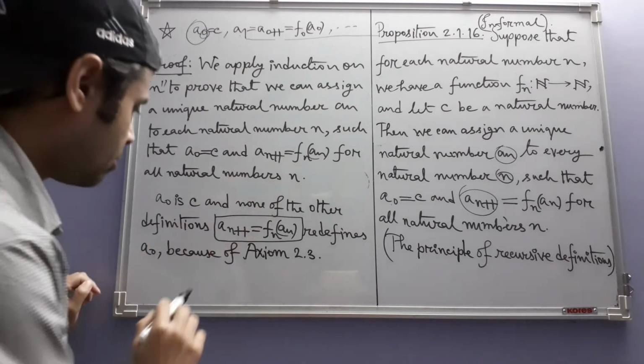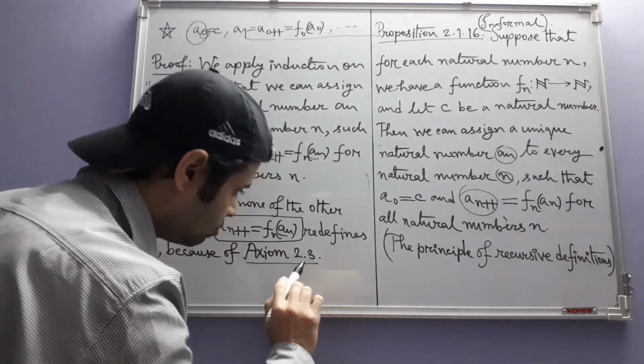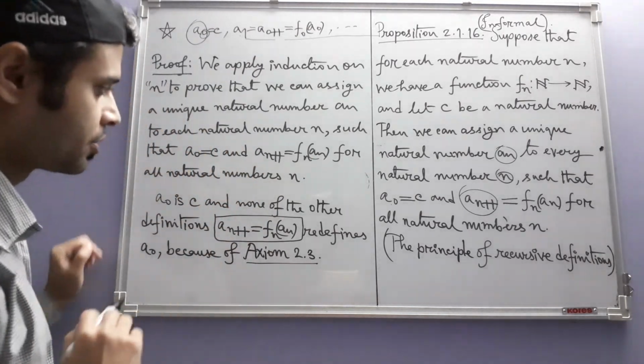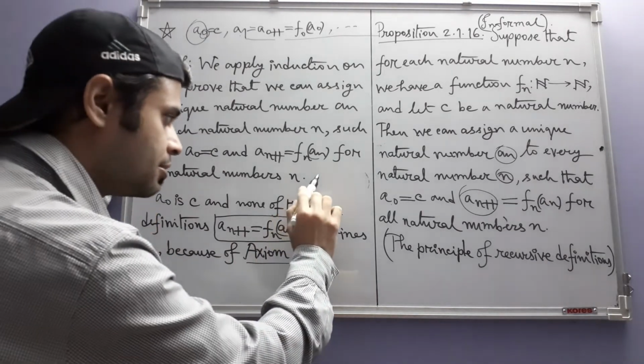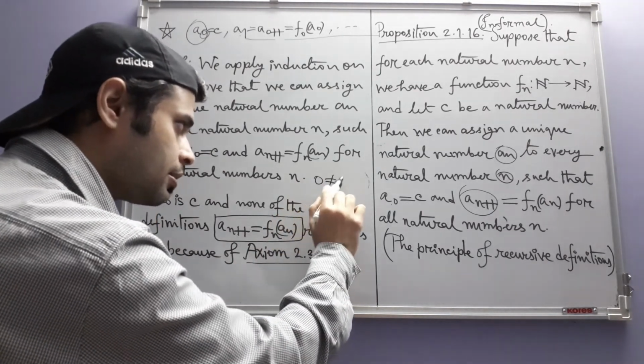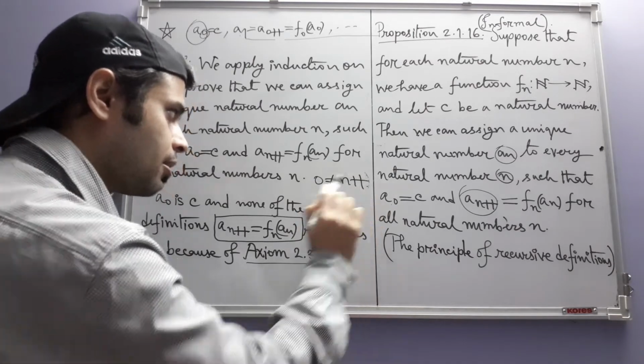Why? Because the third Peano axiom prevents us from having 0 as the successor of any natural number.